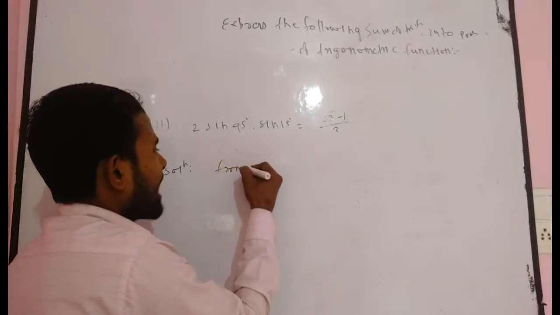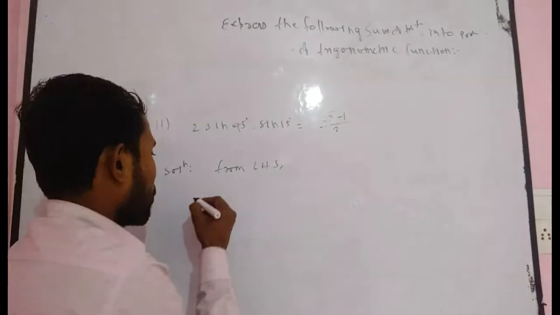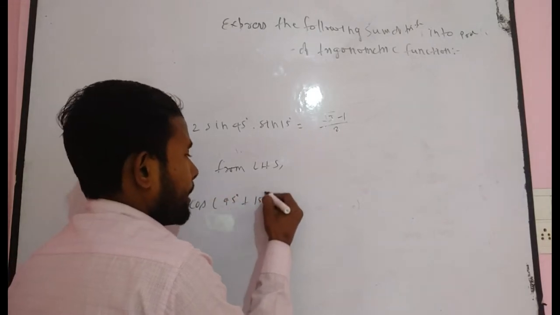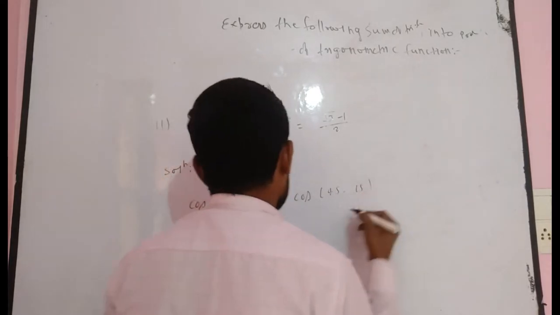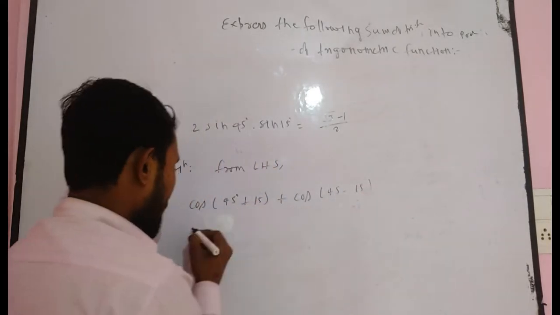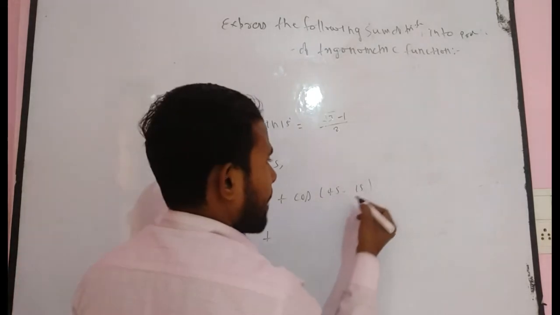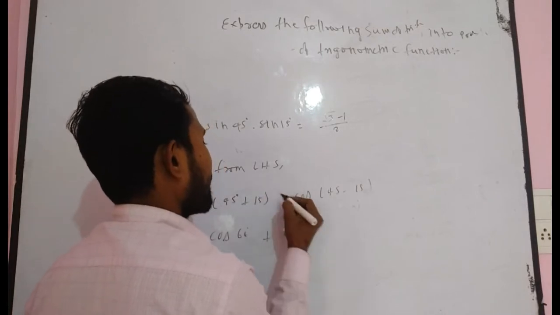As you know, 2 sin A into sin B is equal to what? From the LHS, 2 sin A into sin B is equal to cos(A minus B) minus cos(A plus B).